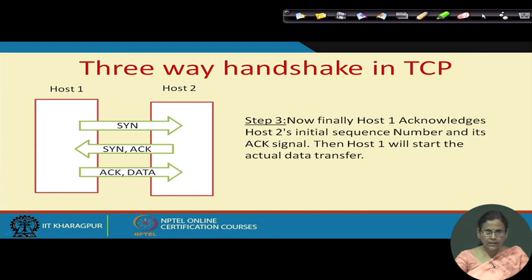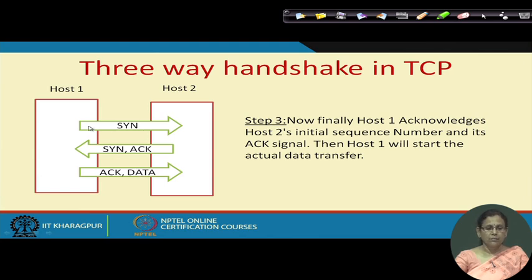So, in the third step, host 1, who is supposed to send the data, will send the acknowledgement as well as the data. Which means before the data is actually sent, two more steps happen.